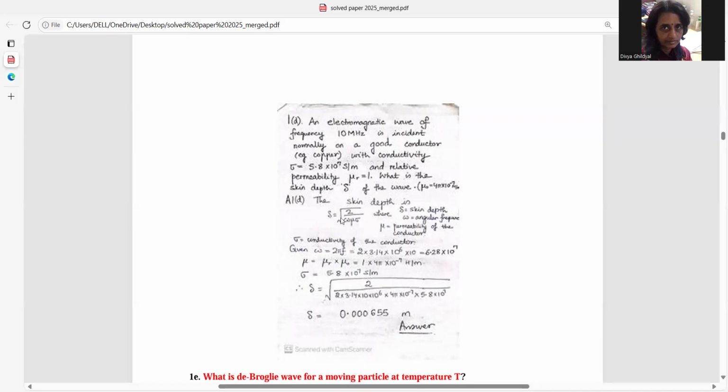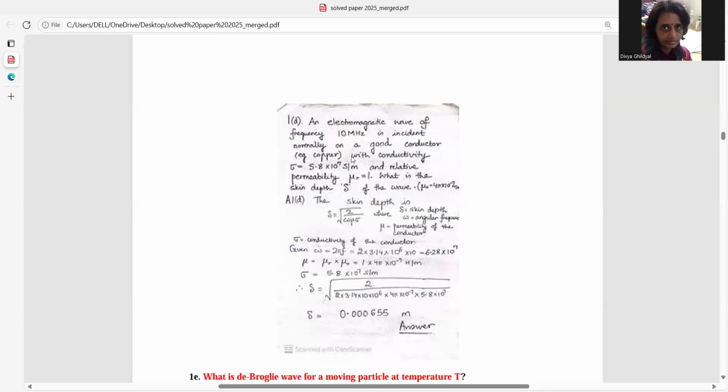The formula for skin depth is delta equals under root 2 upon omega mu sigma, where delta is the skin depth, omega the angular frequency, and mu the permeability of the conductor. Omega is 2 pi f. We put in the values, and this 10 to the power of 6 comes from megahertz, so you get the value of omega. Mu is mu r into mu naught.